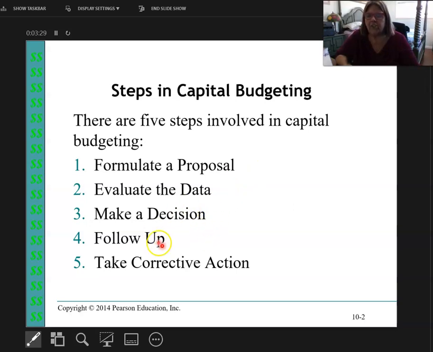Once I've made the decision, I'm going to follow up to make sure that things are happening the way I expected them to happen, and if not, I'll take corrective action. So this is just a 5-step process. In reality, this same process is a decision-making process that you'd use in your everyday life. Okay? So just so you know, this is just a process. Okay, so we're going to look at each component of it here.